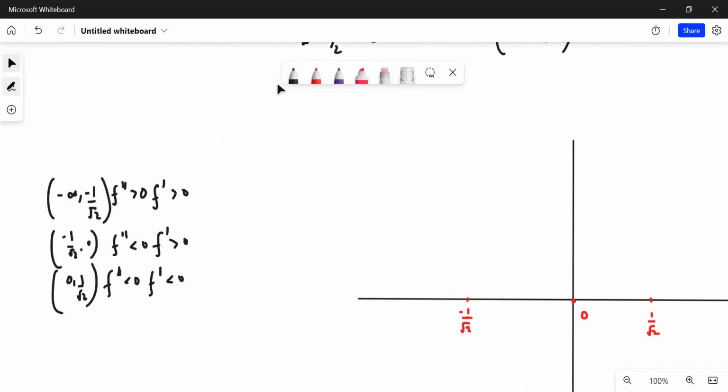And 1/√2 comma infinity, your function's second derivative is positive, and function's first derivative is negative.